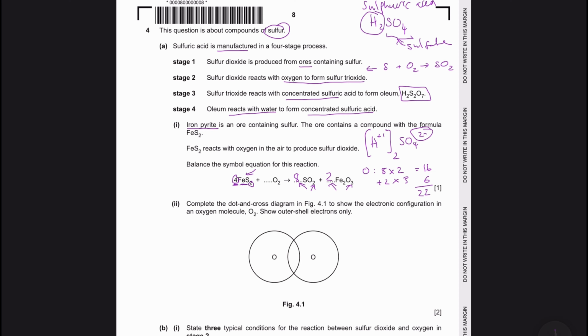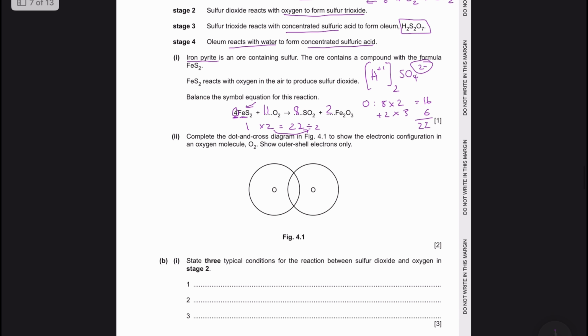How do we do that? We've got 2 oxygens here. What do we have to times by 2 to make 22? Or what we would do to work this out on the calculator, we would just move the 2 onto the other side by dividing. So 22 divided by 2, which is 11, completing our equation here. Any doubts, please let me know in the comments.